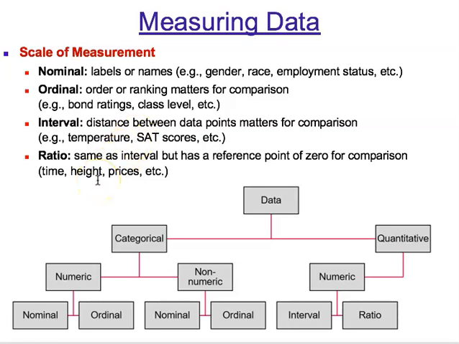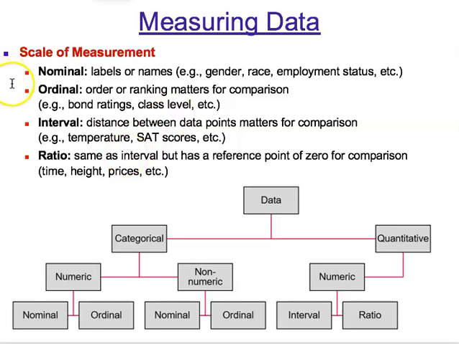Similarly, if we're looking at someone that's 3 foot tall, like a kid, versus someone that's 6 foot tall, a grown adult, then those differences matter for comparison. So both interval and ratio share the fact that the distance between data points does have meaning.